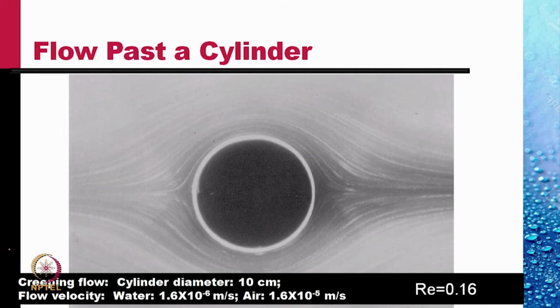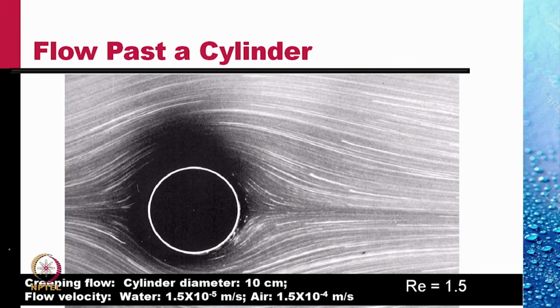As we increase the flow velocity, for water, the speed comes to now 15 micrometers per second. For air, that would be 150 micrometers per second. On a cylinder of diameter 10 centimeters, you can see a marked asymmetry in the flow. Now the flow is from left to right.